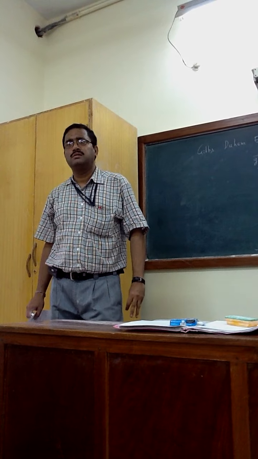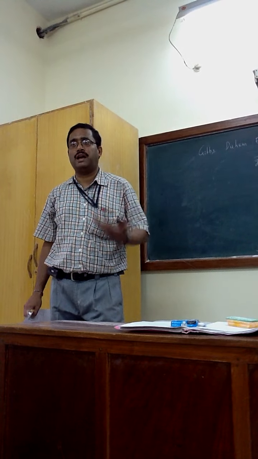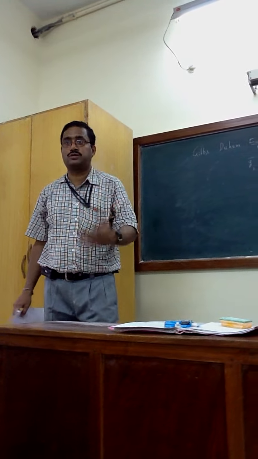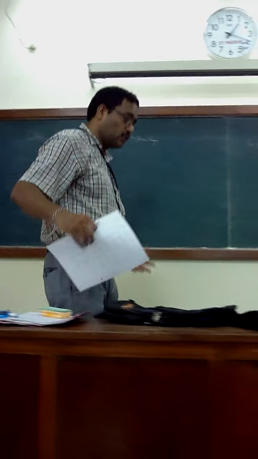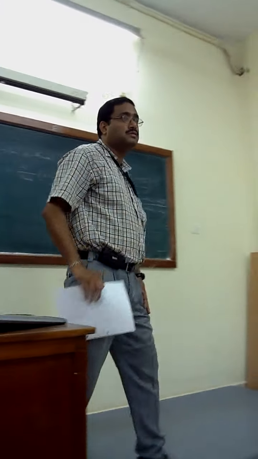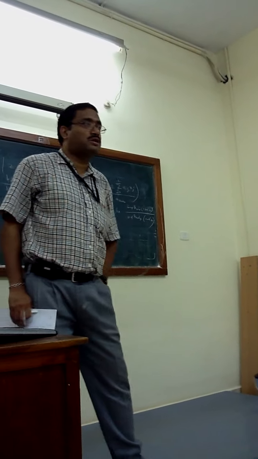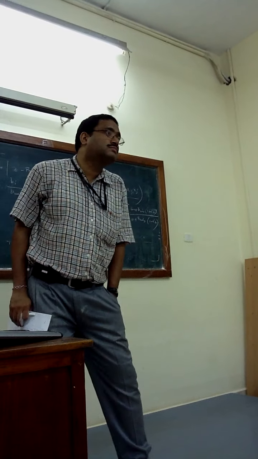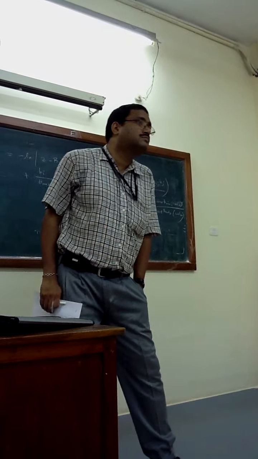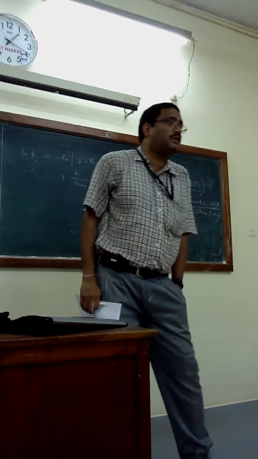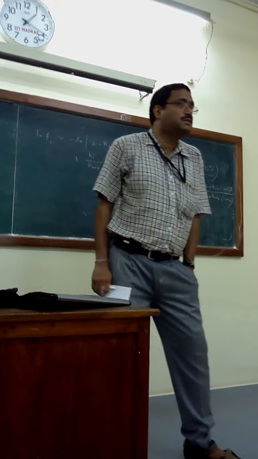Just see what level I can go to. Everything is there in the notes. You are so lazy that you can't even read it out from the notes. What's the Gibbs-Duhem equation for Gj bar? I'm just seeing the level of my equations.